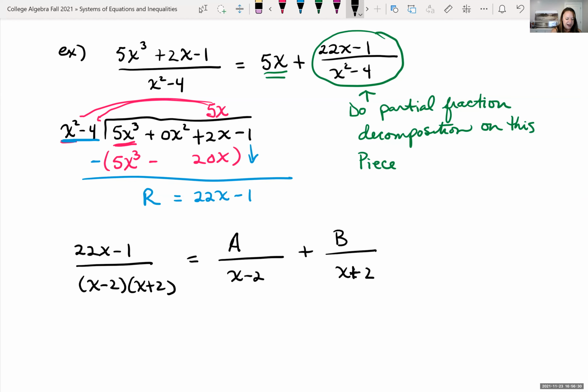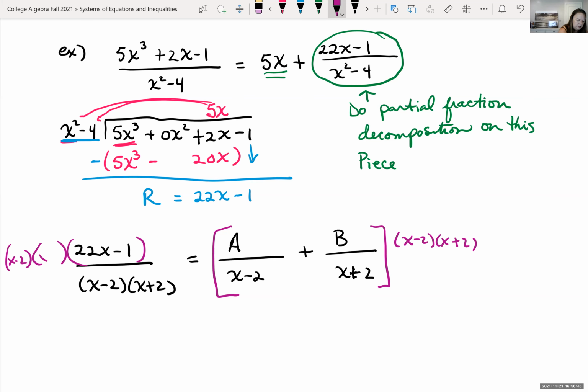If we cleared our fraction and multiplied both sides by that LCD, then we're left with 22x minus 1 is equal to A times x plus 2 plus B times x minus 2.